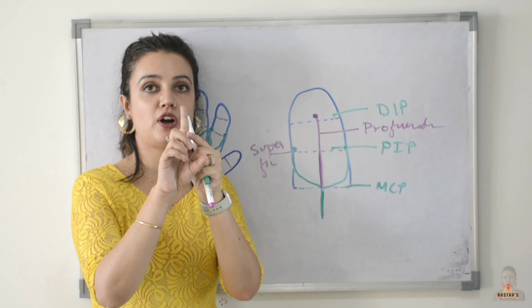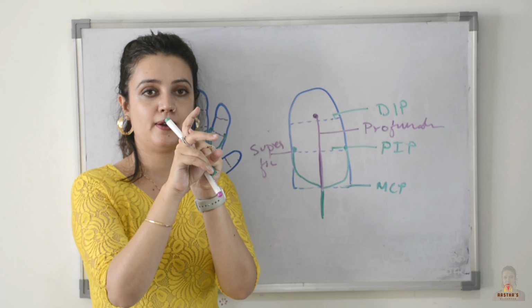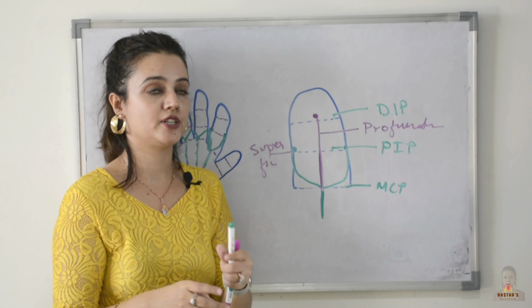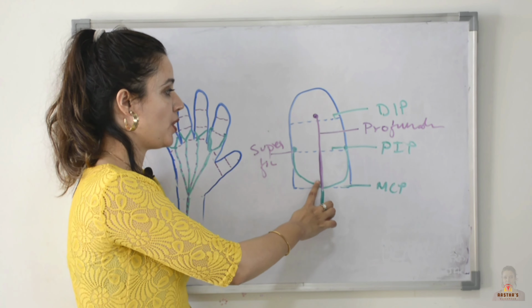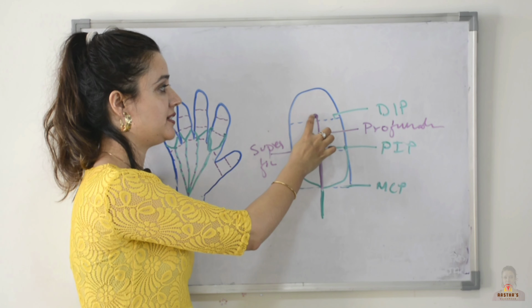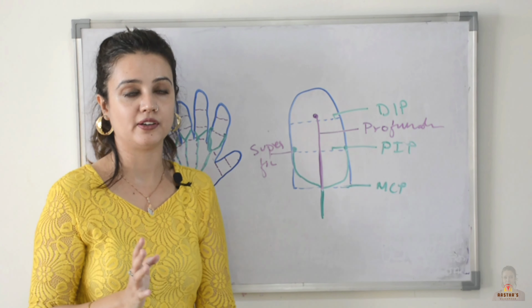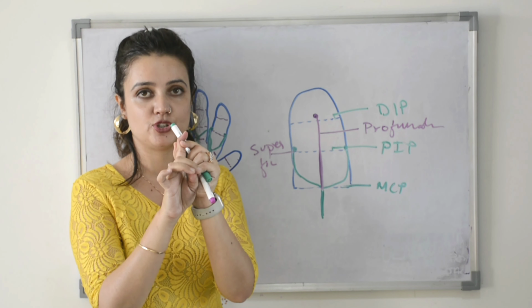So the major function of the superficialis tendon is to cause flexion in the PIP joint, that is proximal interphalangeal joint, whereas the profundus tendon becomes more prominent and reaches till the end, that is the distal phalanx. So the major action of the profundus tendon is to cause flexion in the distal interphalangeal joint.